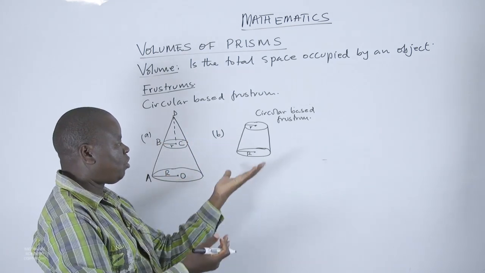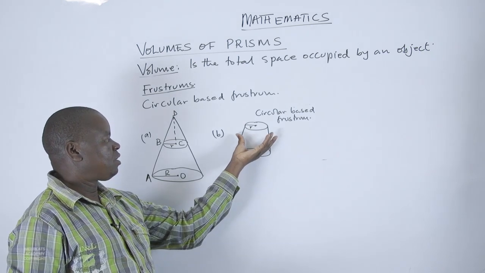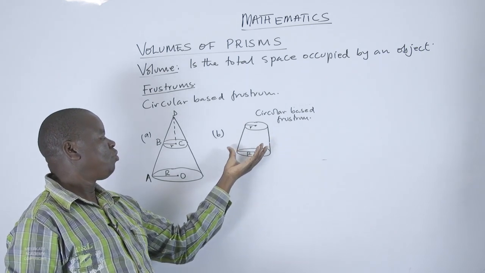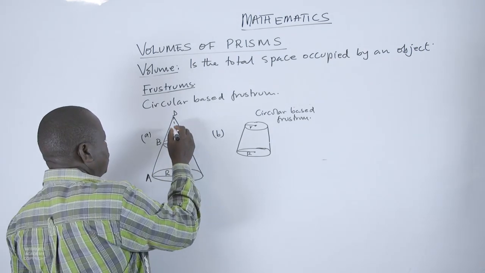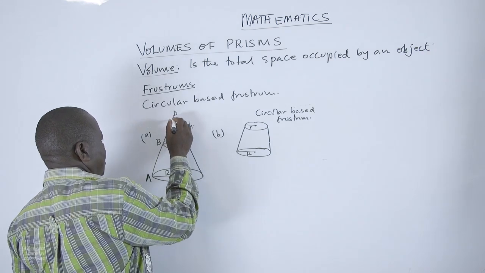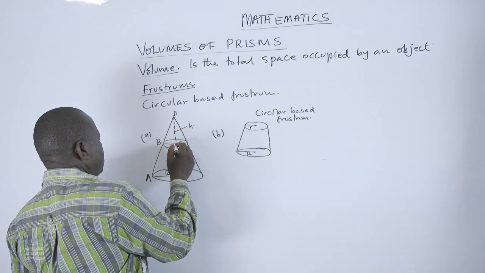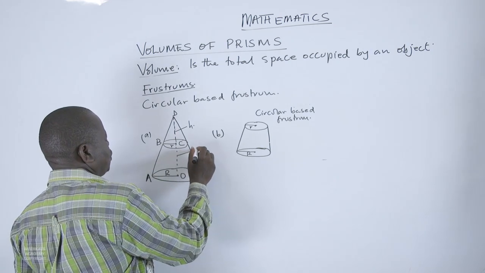When we chop it off, we get this particular kind of object. And this is now what we call a frustum, whose volume can be a function of the two cones. This is small h. And from the top to the bottom, we call it capital H.